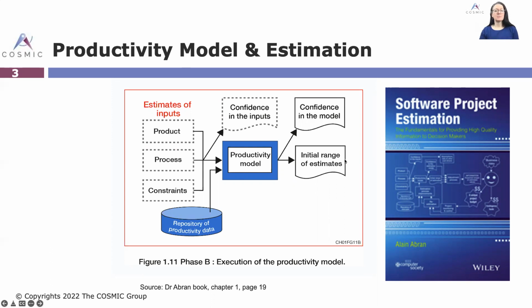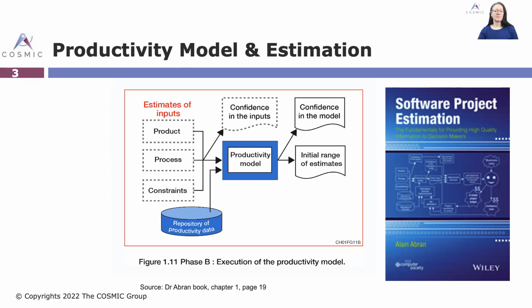When we want to obtain a range of estimates, we need to first estimate the inputs of our new project, inputs that are related to the software product, the software process, and some constraints, all of which should come with a level of confidence in the input. Our productivity model should also contain some level of confidence in the model, and in that case, we will obtain not a single estimate, but a range of estimates.